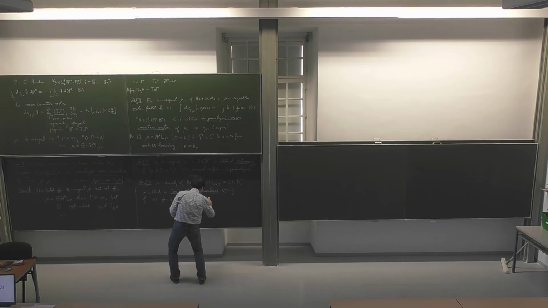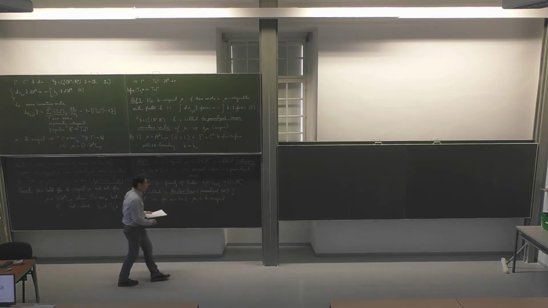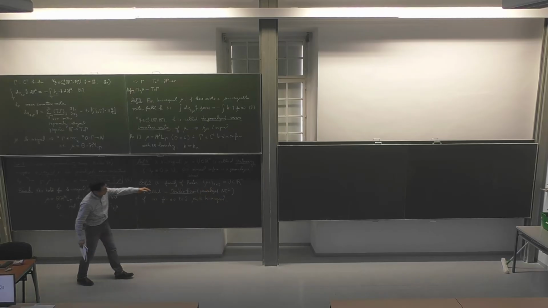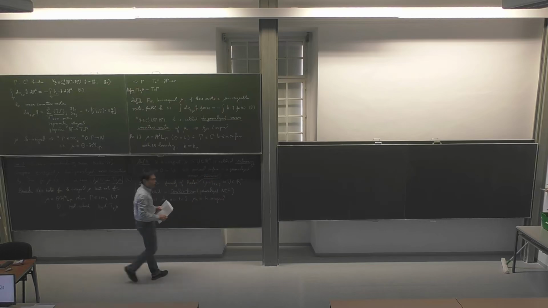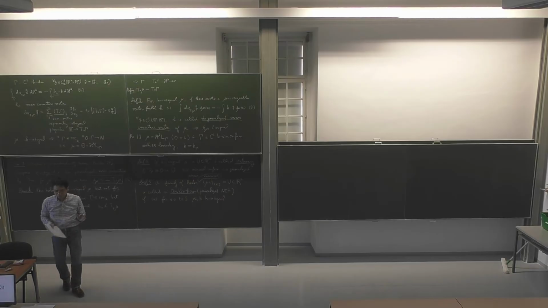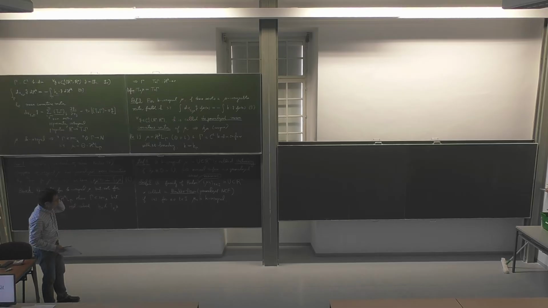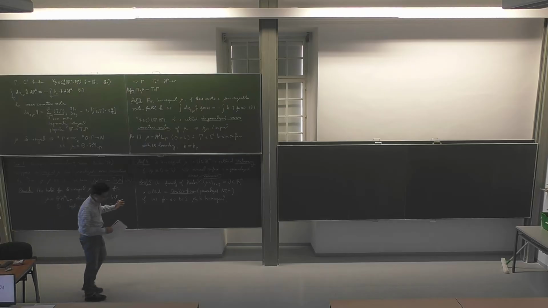A family of Radon measures can be quite a general object, of course. It can be very rough, it can be anything, really. But I ask at least that for almost all time, not necessarily all time, I want this to be like a surface measure. That's quite natural, I think.